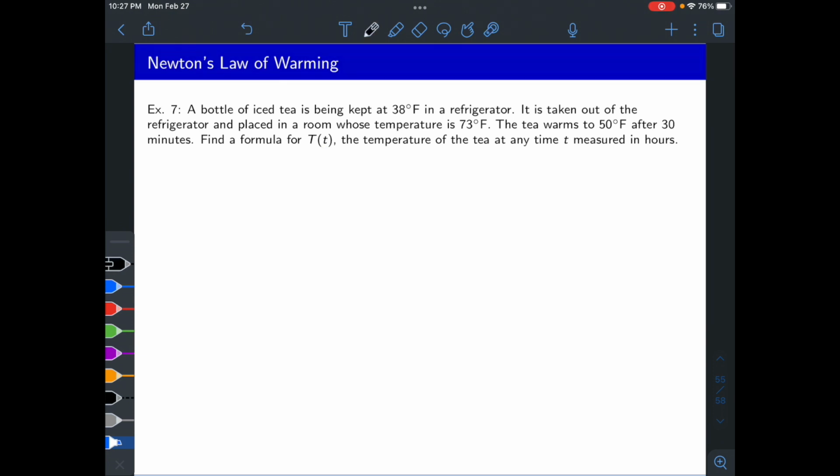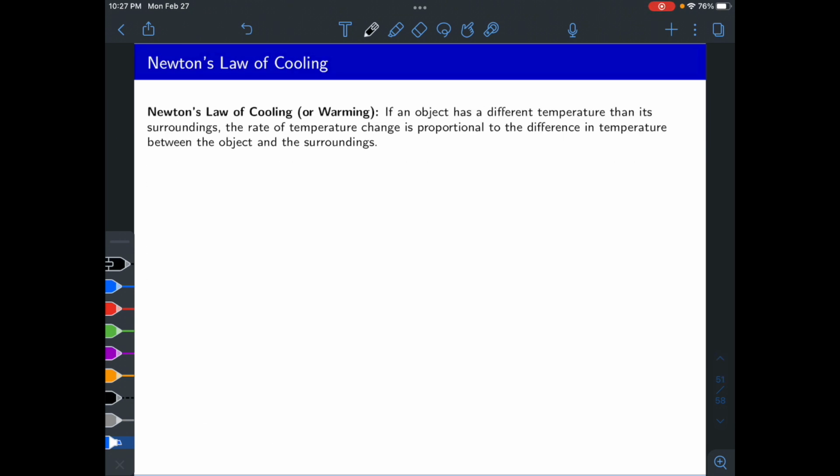All right. Let's go through the setup again. Newton's law of cooling basically tells us that if an object has a different temperature than its surroundings, then the rate of temperature change is proportional to the difference in the temperature between the object and its surroundings.